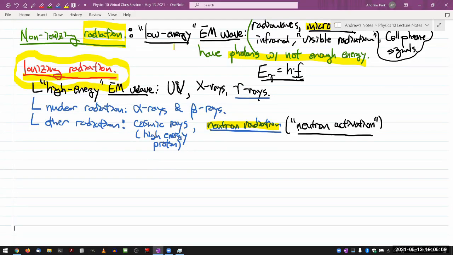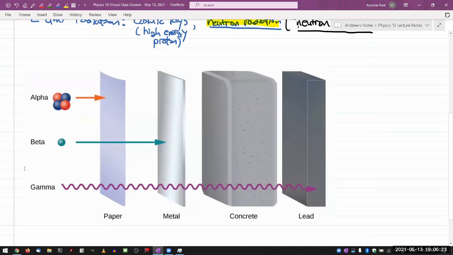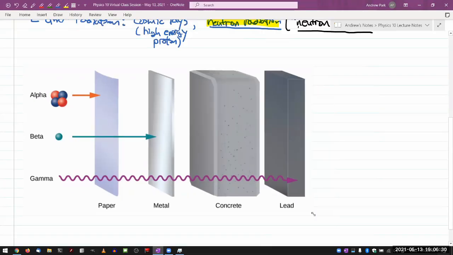And I don't have enough time to talk in detail about alpha rays, beta rays, and gamma rays, other than to refer to this diagram here. This is a nice illustration of those three very common nuclear radiations: alpha, beta, and gamma.